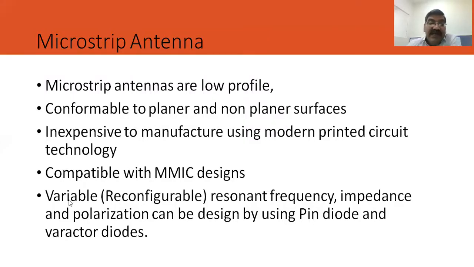For what purpose? For the purpose of reconfigurability, that is variable, meaning reconfiguration in frequency, impedance, polarization. For such, you can use a pin diode or a varactor diode. Means what? Suppose you want to use an antenna for two different frequencies, but not at a time.